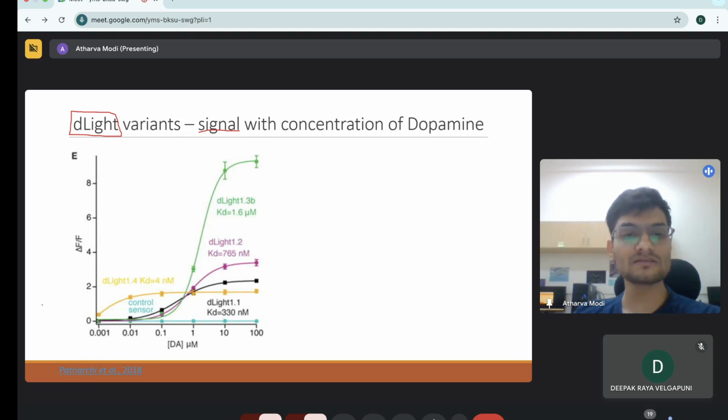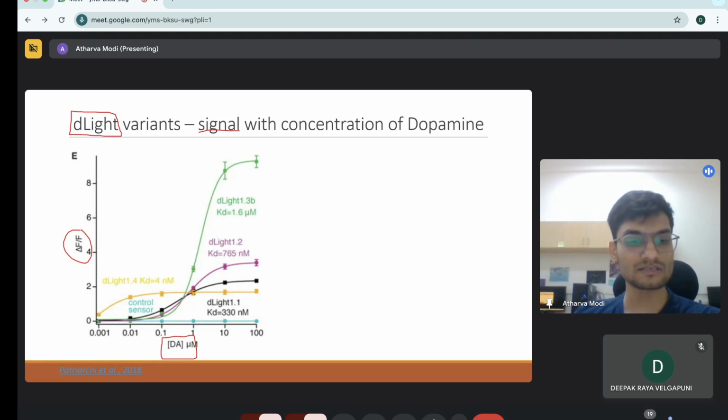You see that there are different variants of dLight, and each of them behaves differently in presence of dopamine. So you can measure this quantity using light, and you can get an idea about the concentration of dopamine present in that particular region.